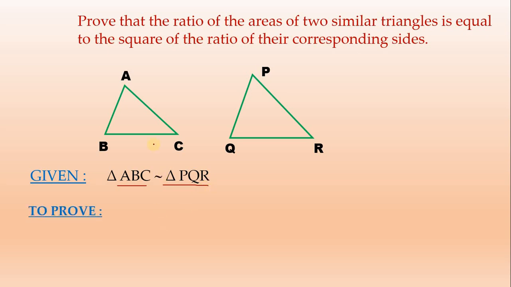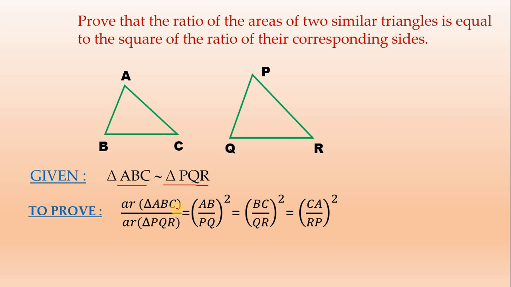As I said, the ratio of these two triangles, I mean area of triangle ABC by area of triangle PQR, is equal to the square of the ratio of their corresponding sides. Means AB by PQ whole square, BC by QR whole square, AC by PR whole square.